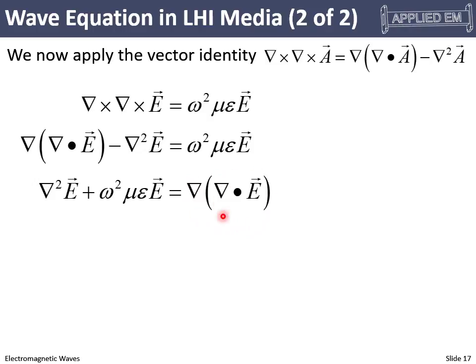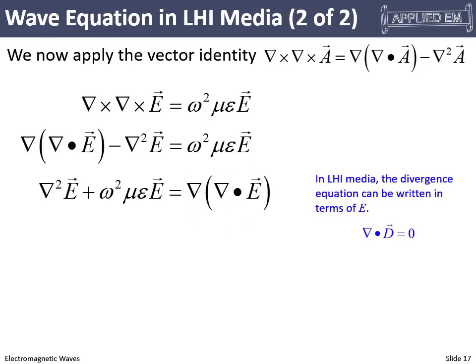And let's give this some more thought. So we'll go to the divergence equation, which says the divergence of the D field is 0. However, our wave equation is in terms of E. So let's see what happens when we put our divergence equation in terms of E. Well, we have our constitutive relation that says D equals epsilon E. Now we've made another simplification. We said this is a homogeneous material.